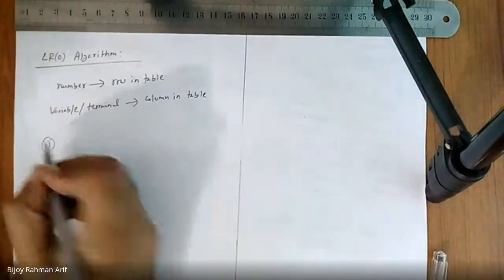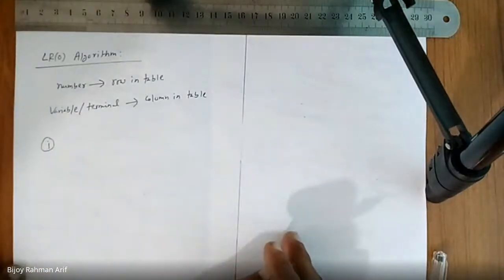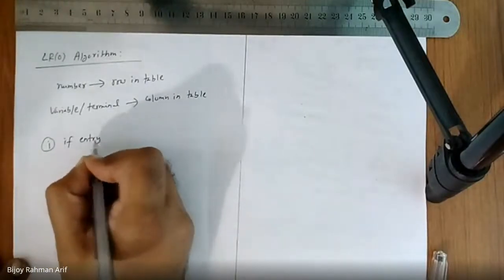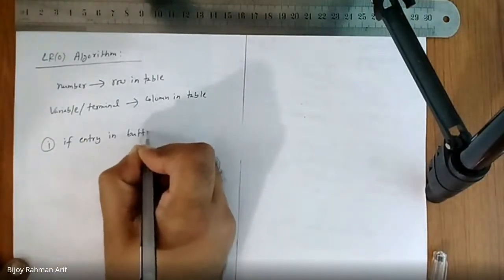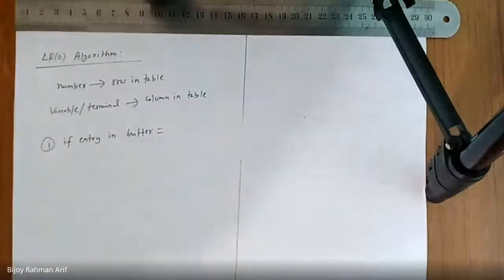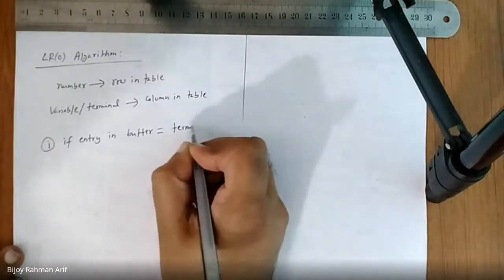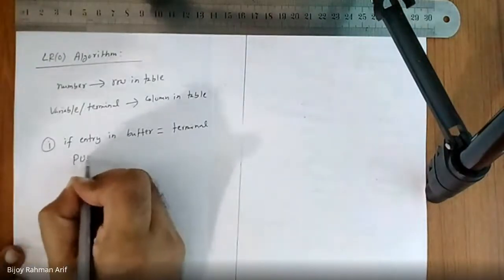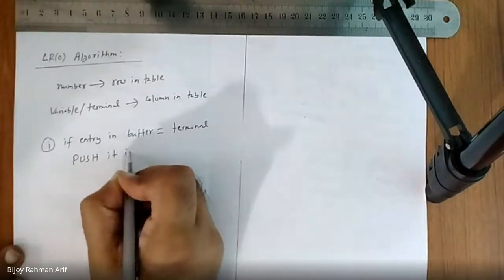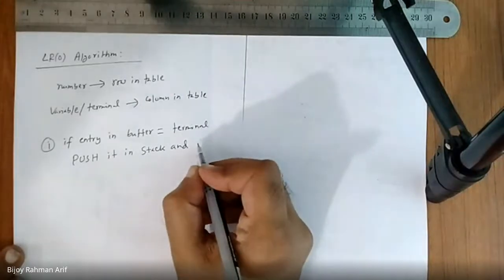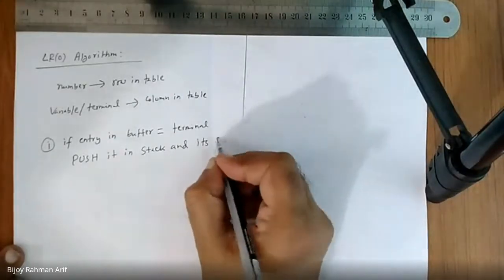Number 1: if the entry in the buffer is equal to a terminal, push it in the stack and its state number.